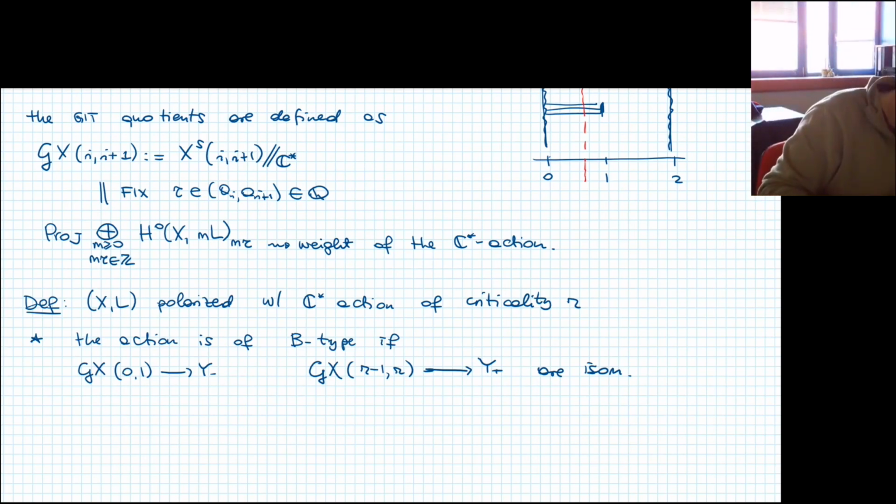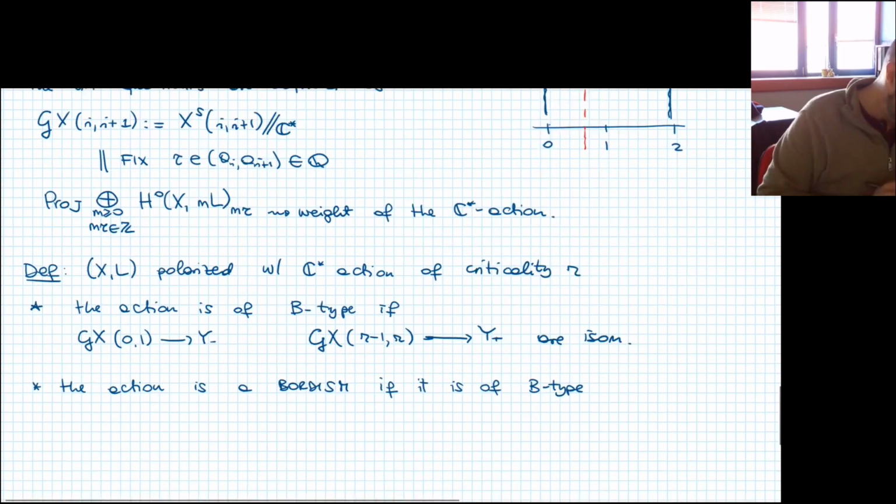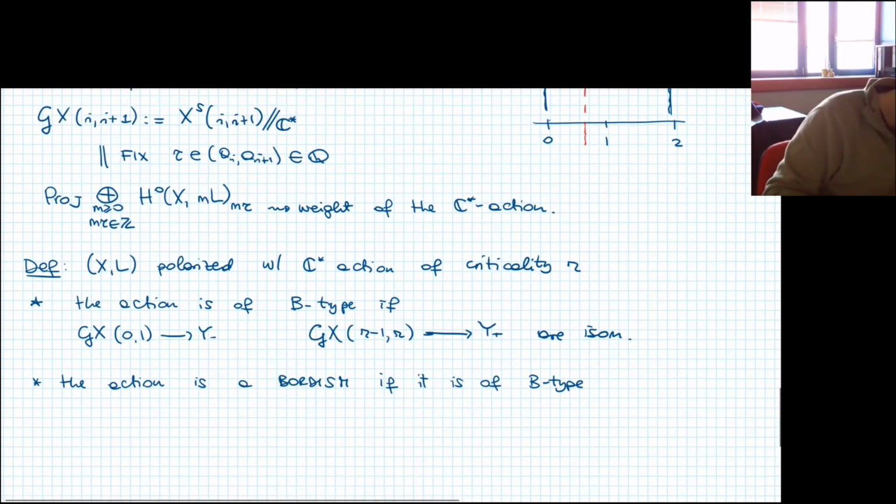And second, we said that the action is a bordism if it is of B type. So you start with the thing on top. Could I mention subvarieties?